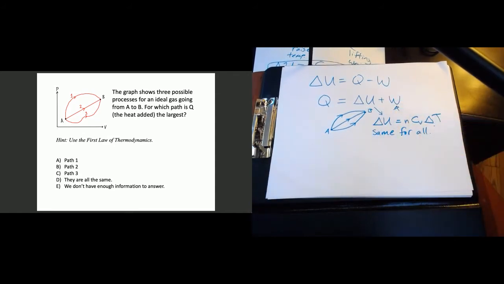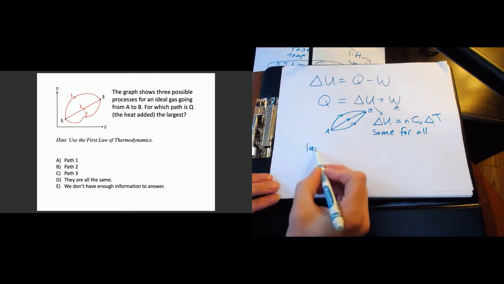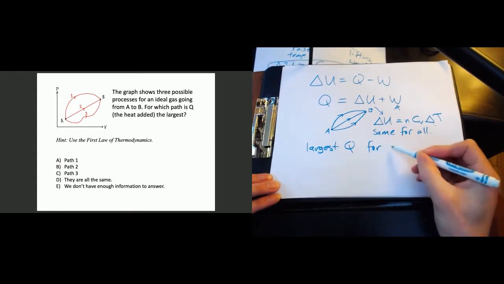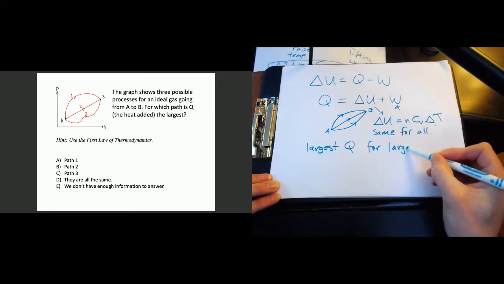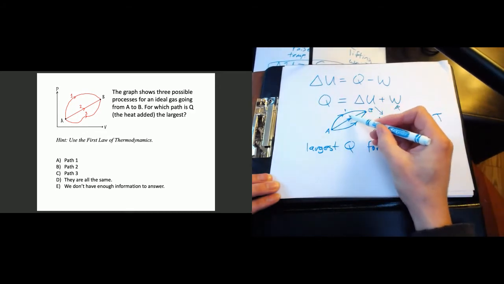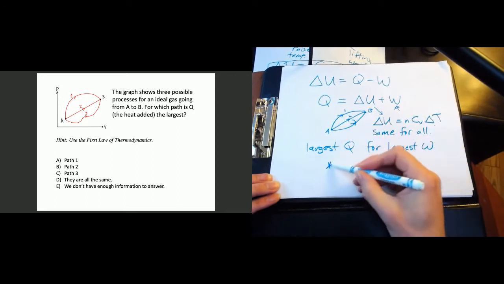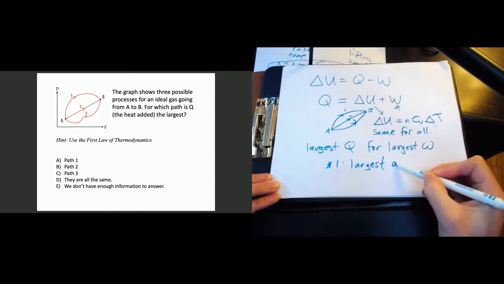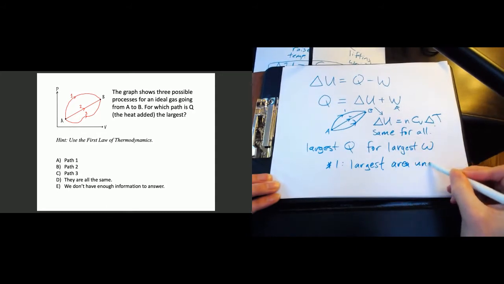And so basically, if delta U is the same for all of them, then the path that will have the largest Q is going to be the path that has the largest W. So the largest Q will be the one for the largest W. And that one is going to be, I think in the questions, 1, 2, 3, that's number 1, because that one has the largest area under the curve.